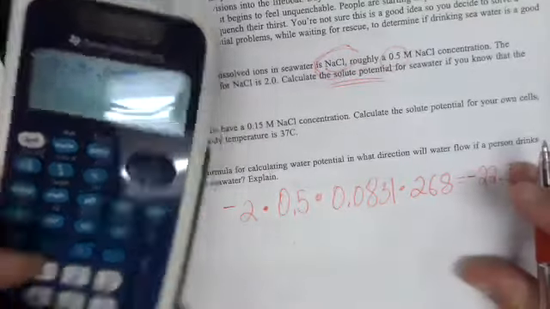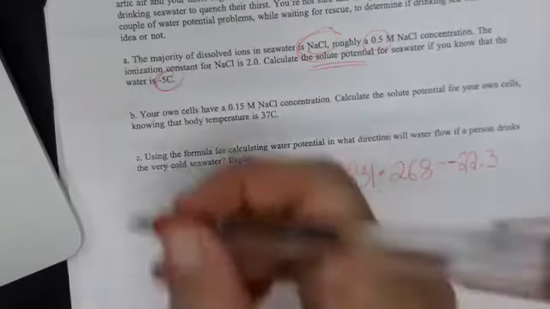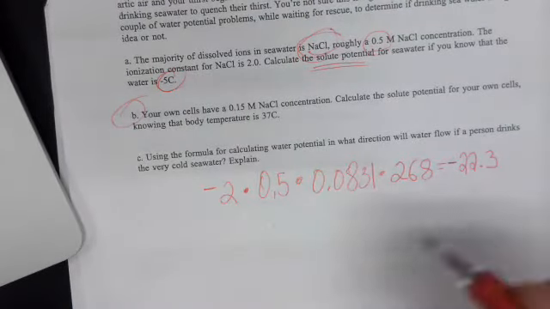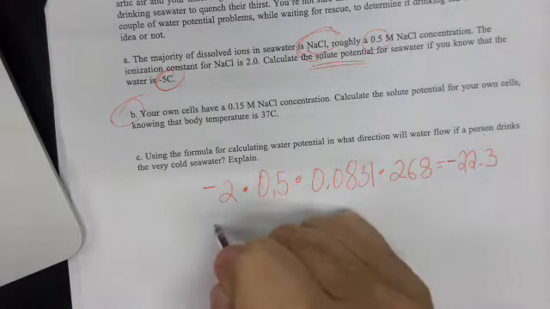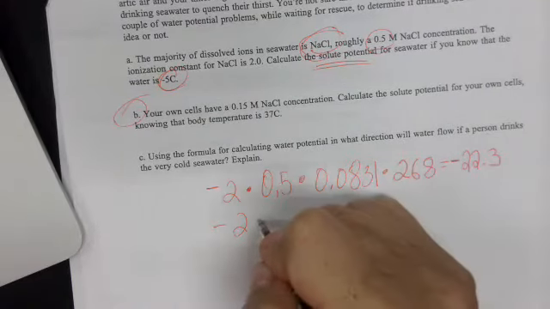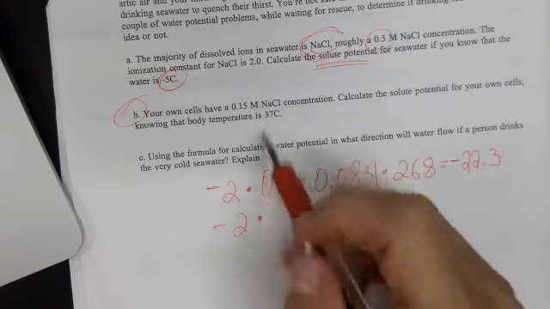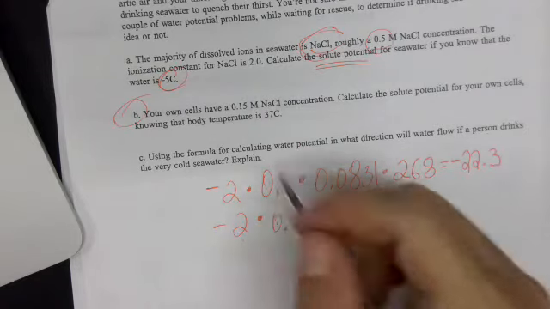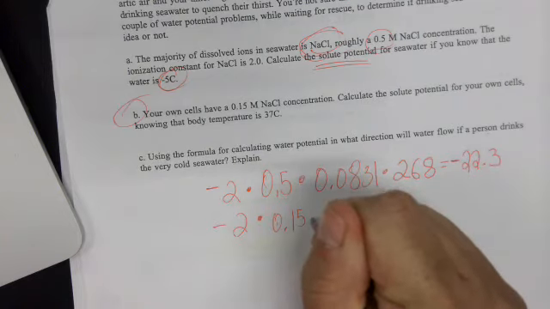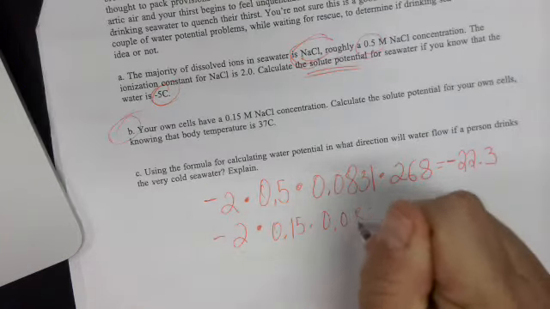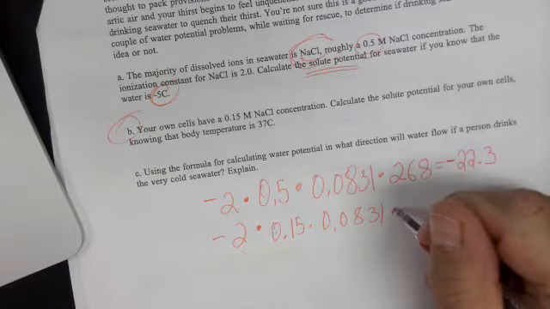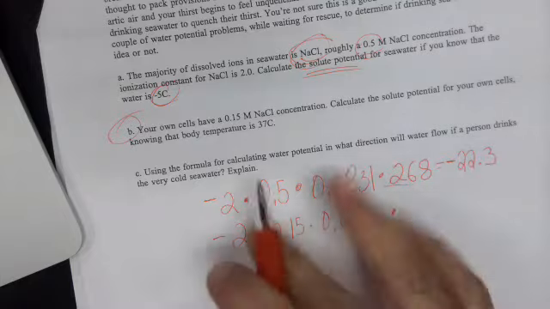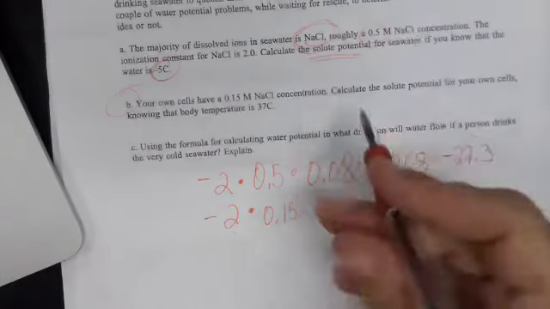All right, now we're going to calculate for our cells, which is the same problem as the one on the previous page. If you did it there, then you got it. Or you could practice it again, but we have a negative 2 again times our molar equivalent of sodium chloride in our own cells, 0.15 times 0.0831 times temperature, which is going to be different because we have body temperature. So assuming you got put in, your body's still trying to maintain body temperature.